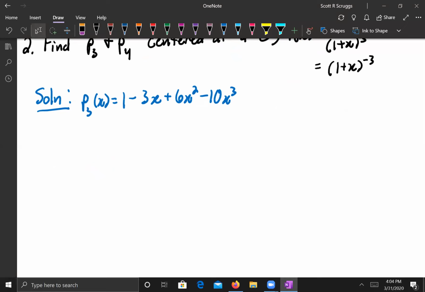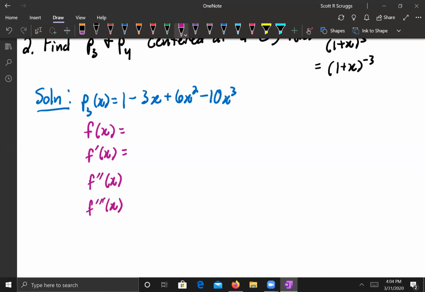So to do this problem, I do need a couple of pieces of information. I'm going to list out my f. No, you're good, Andrew. Like I said, that's why we're doing these problem sections. The first derivative, second derivative, third derivative.